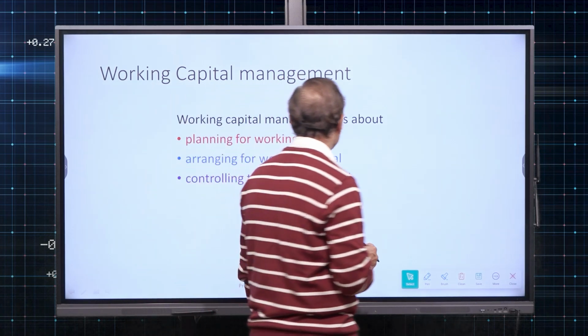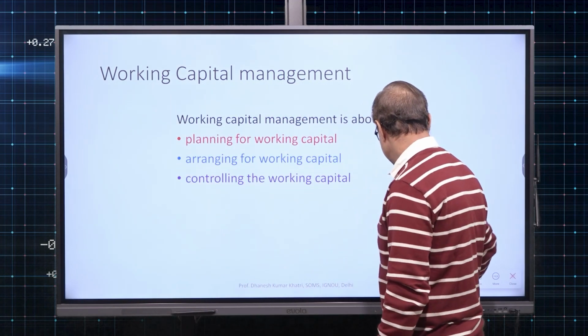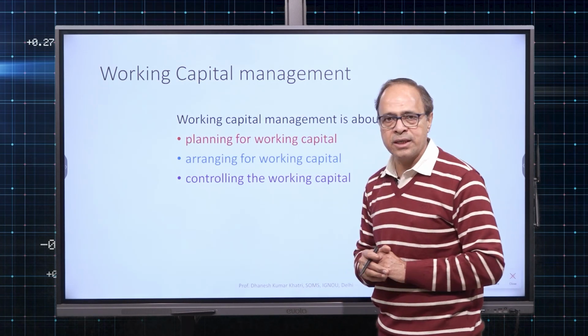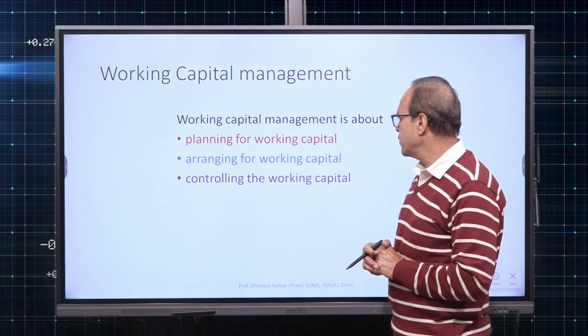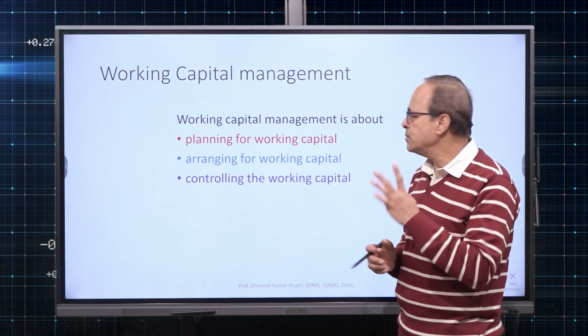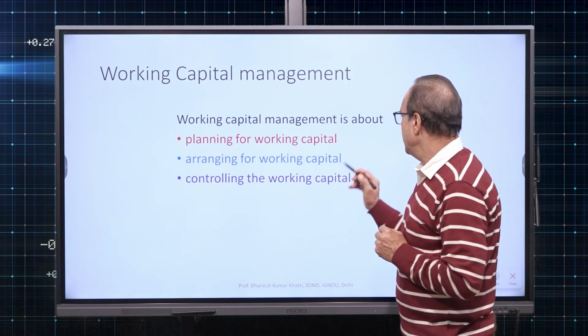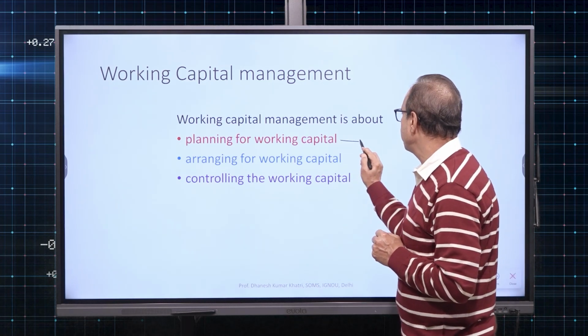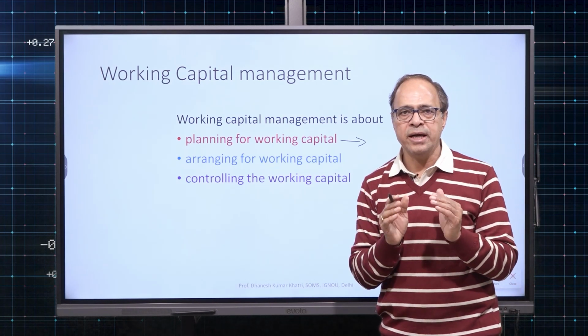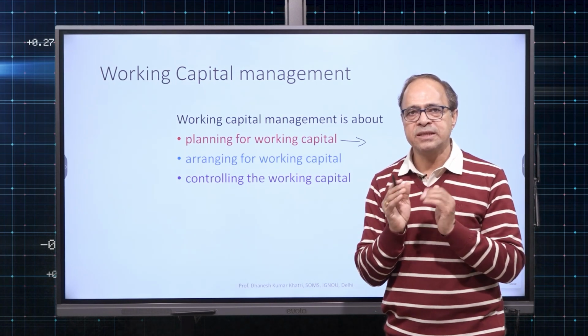Then what is working capital management? As explained earlier, working capital management is about planning for working capital, arranging for working capital and controlling the working capital. Now, when it comes to discussing these, under the planning part, we will be discussing how much working capital is required for a particular level of business activity.